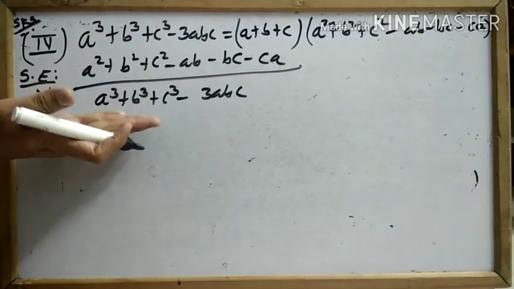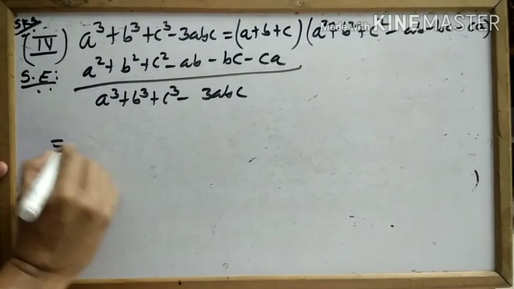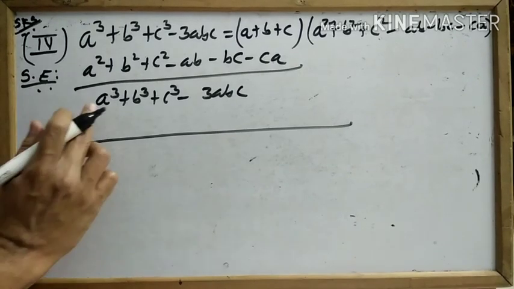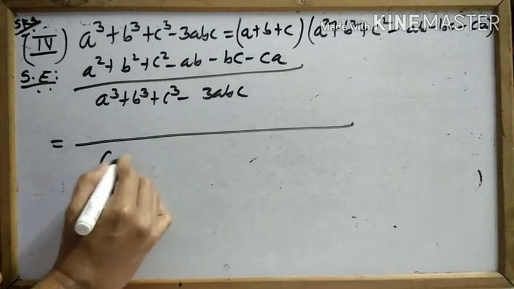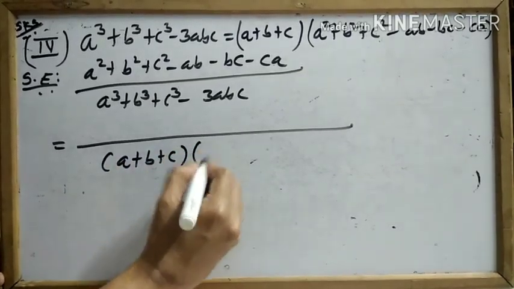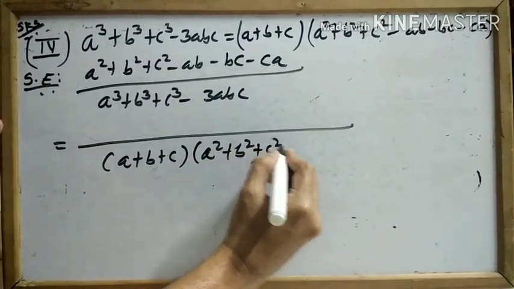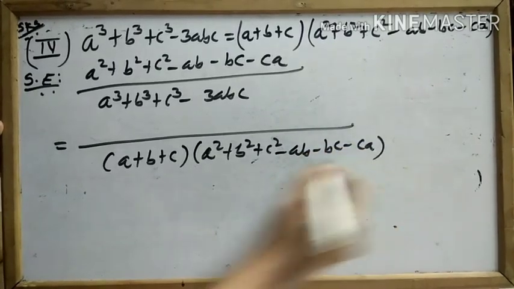If you exactly correlate the denominator with the identity written at the top, what can I see in the denominator? I am first writing the denominator. A cube plus b cube plus c cube minus 3abc is nothing else but a plus b plus c into another bracket a squared plus b squared plus c squared minus ab minus bc minus ca.